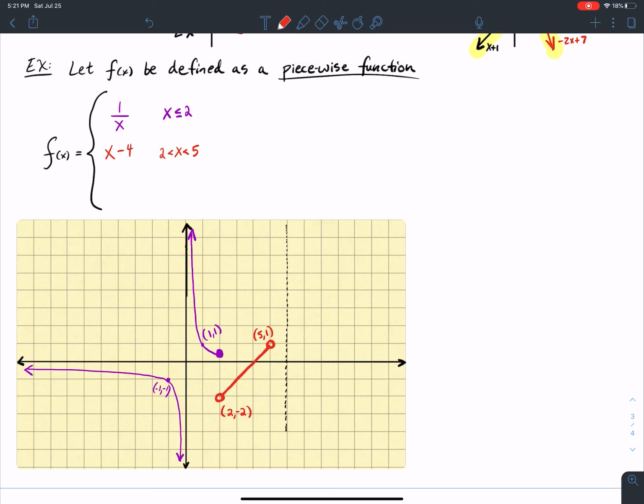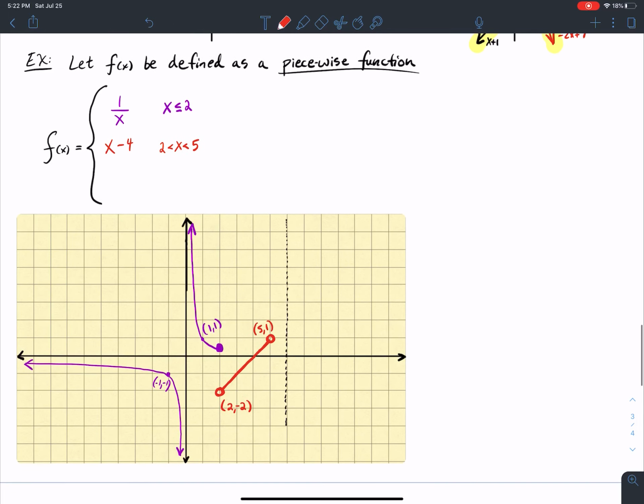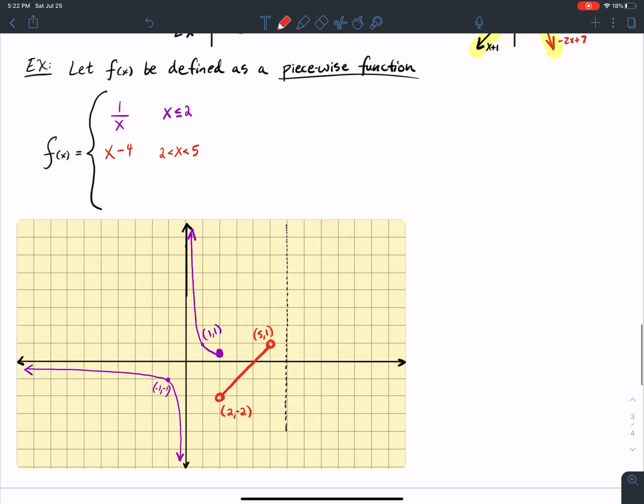And notice I have open circles here. Why do I have the open circles here? Because there's no bar underneath here. If I had a bar underneath, then that would mean that was less than or equal to, greater than or equal to, etc. So it's strictly greater than and less than in this interval for that piece of the function.